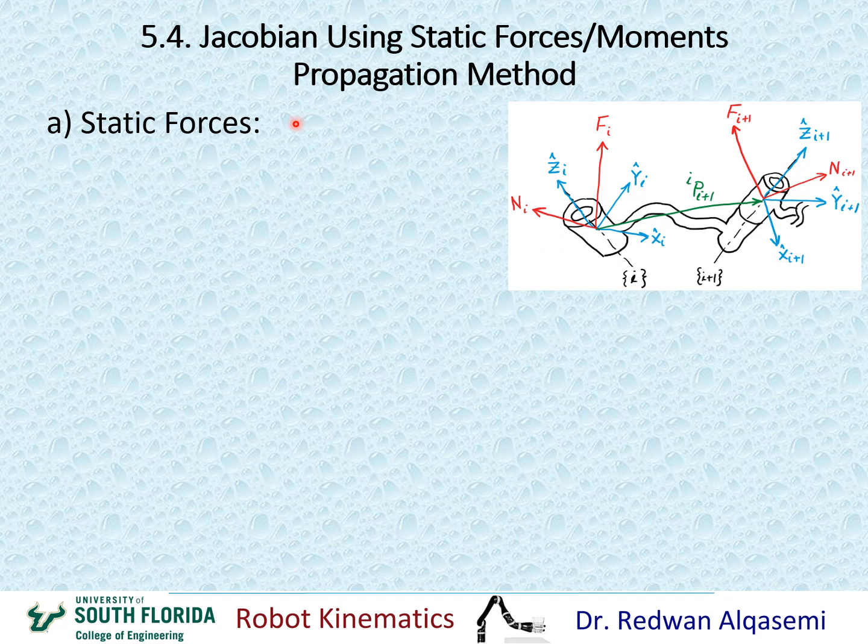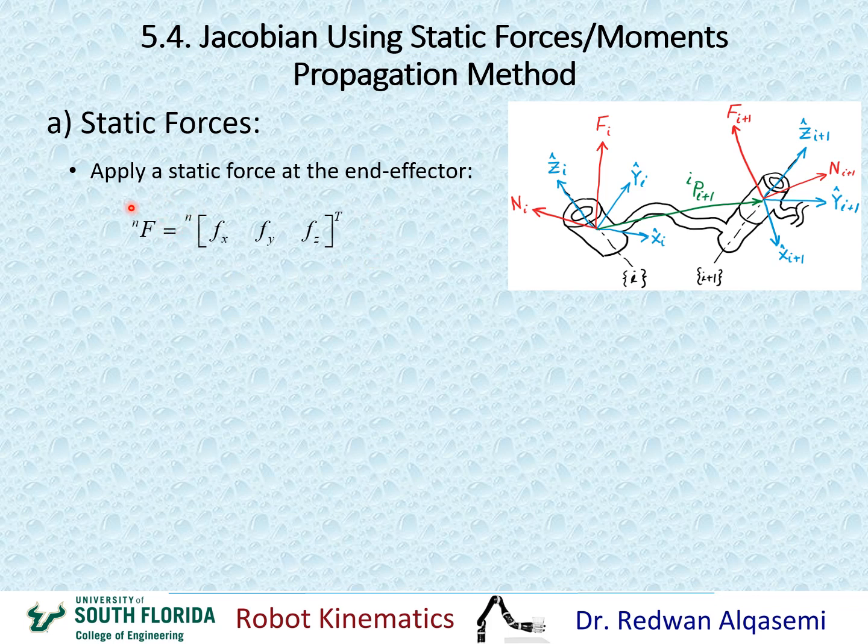So let's start with the static forces first. If we apply static forces at the end effector, which includes forces in x, y, and z, this is a general way of applying forces in the Cartesian space. So this is a vector, that's why you have the transpose here. And this vector is relative to frame n, the end effector.